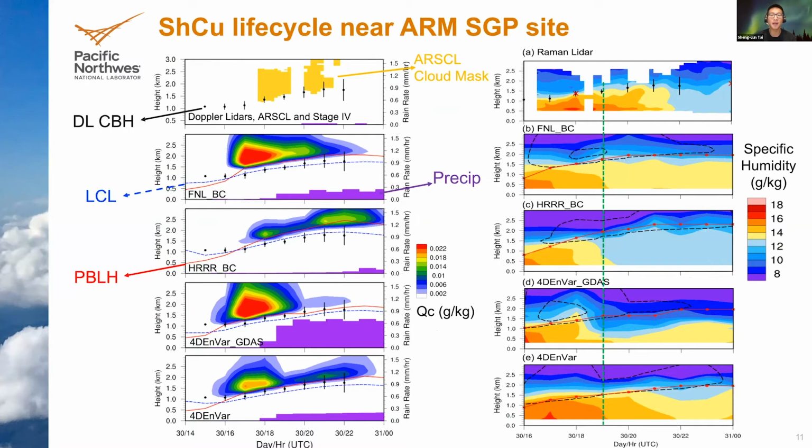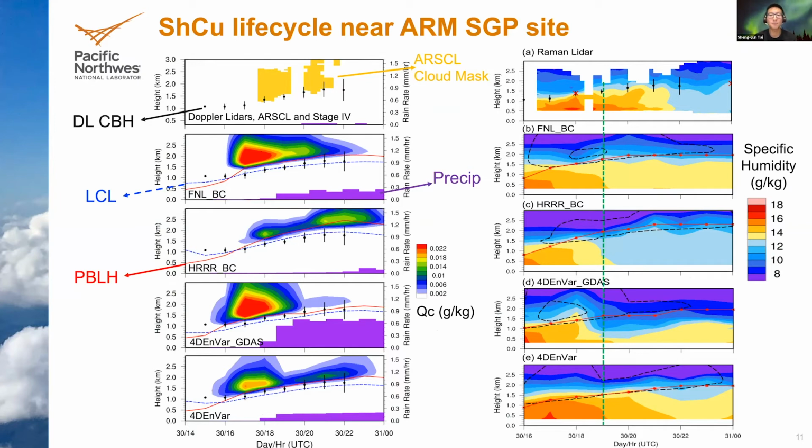The domain average cloud mixing ratio is given in the color shading on the left panels, along with the LCL in blue dashed lines and the PBL height in red lines.